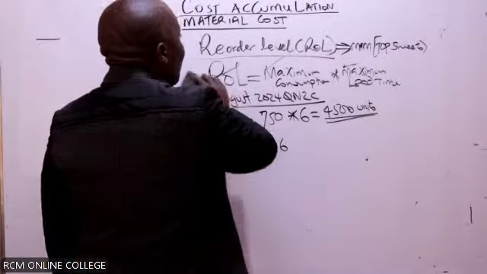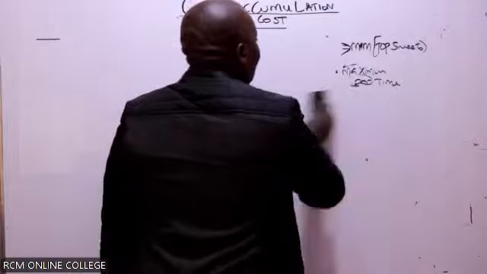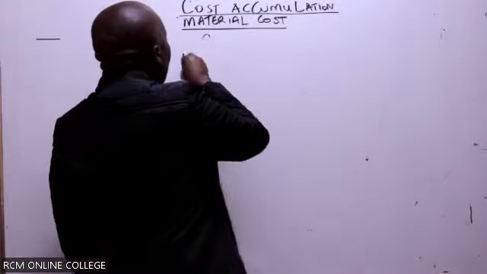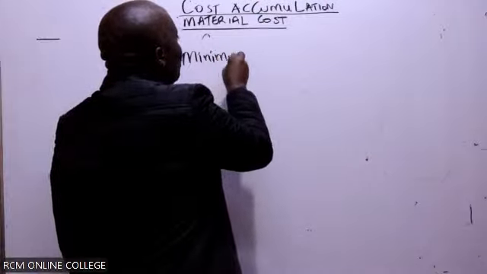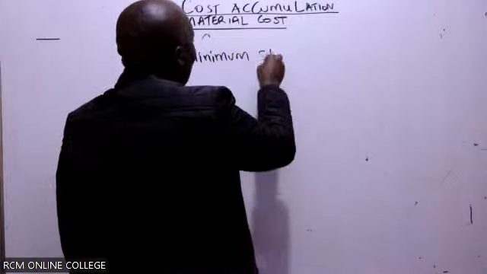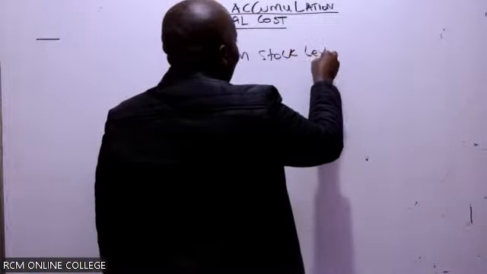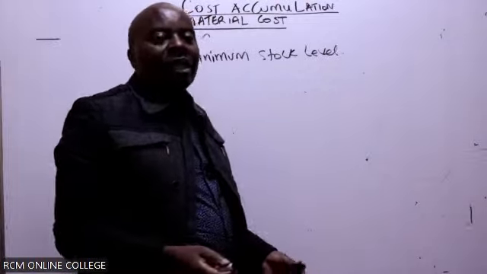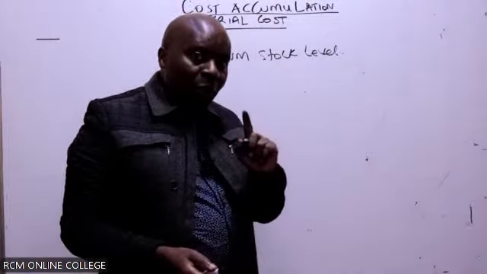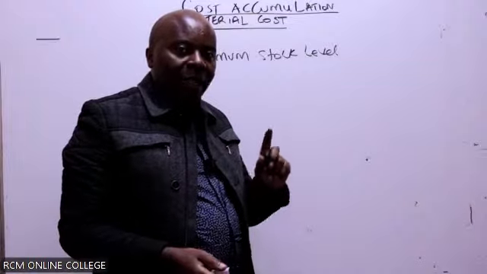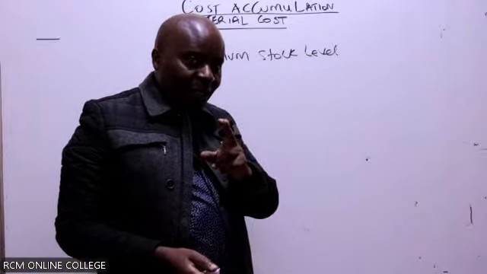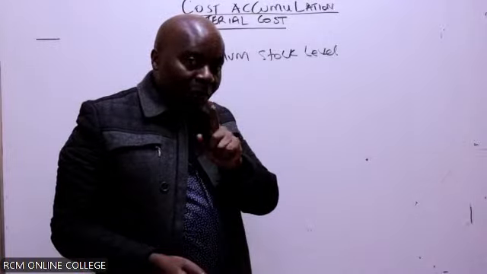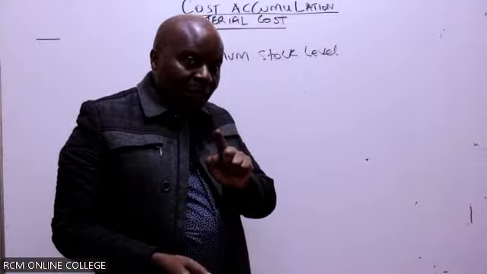With your permission, I'll rub this. So, minimum stock level. Remember, I'm that teacher who jokes with his students a lot. I doubt whether there is a teacher outside here who can joke with CIFA students. Anytime they talk about minimum stock level, you always remember miniskirt. If you roll your miniskirt, you become average.